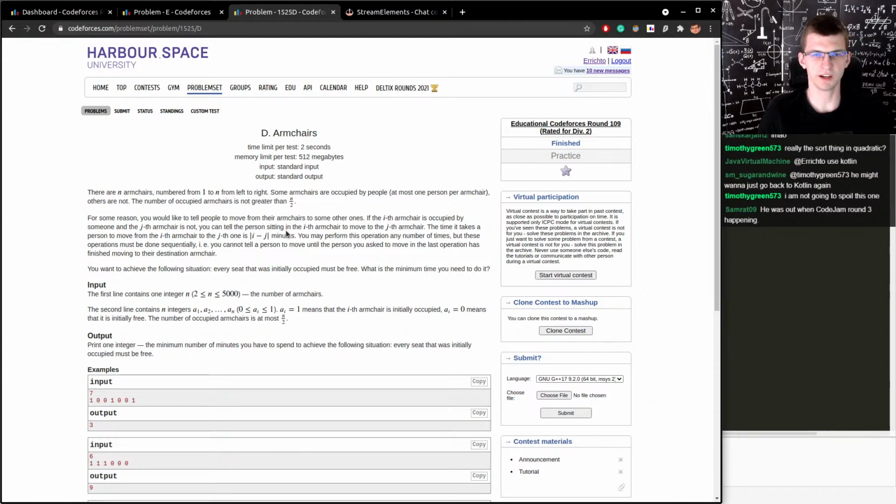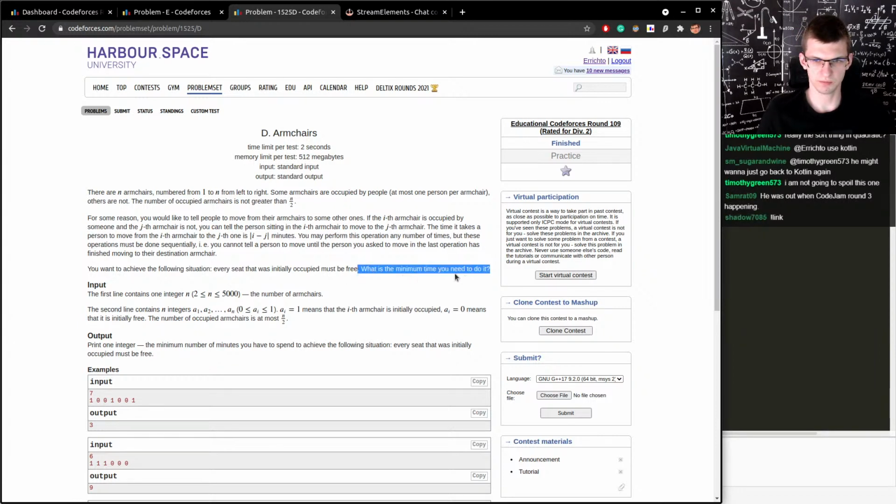So apparently they are in a row with equal distances between consecutive chairs. You may perform this operation any number of times, but nothing is done in parallel. Every seat that was initially occupied must be free. Minimum time to do it.